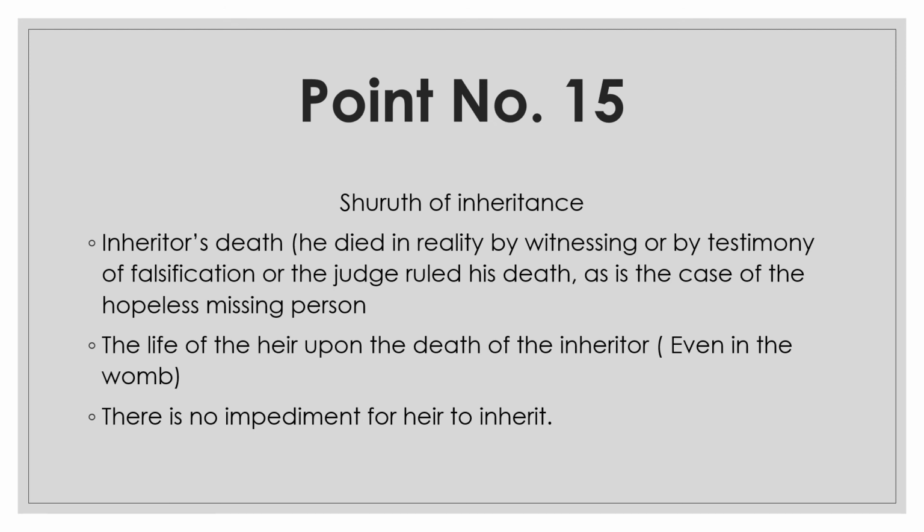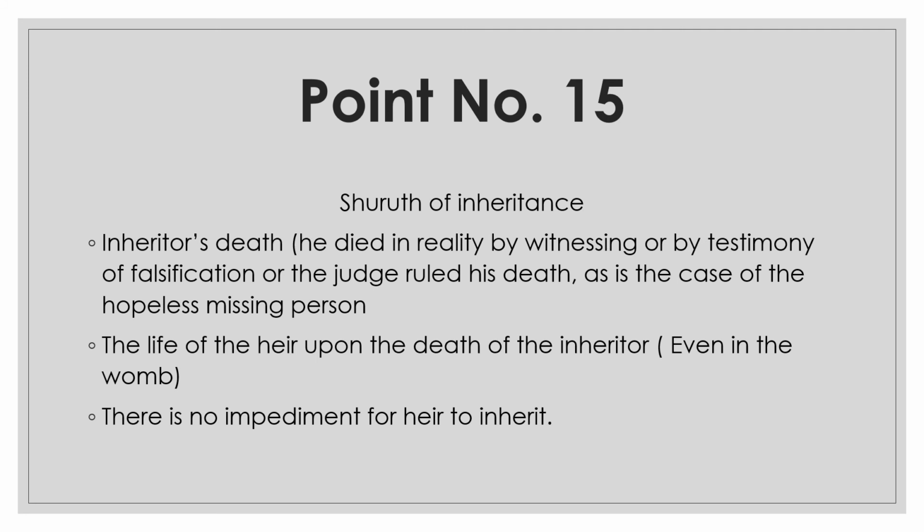So there are certain regulations. I'm not going to its details. Calculating the possible time of a person to live, the judge will rule his death. So the number one condition, the inheritor must die. The second one is the life of the heir upon the death of the inheritor.